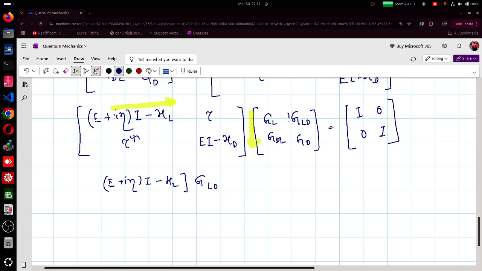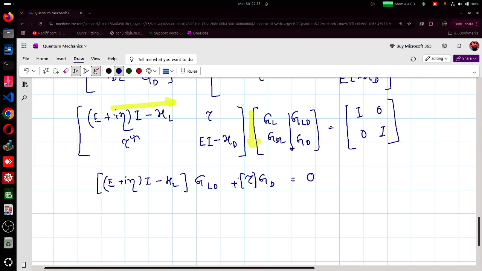We are writing this part, okay? Plus tau GD equal to, so this will be 0, right?